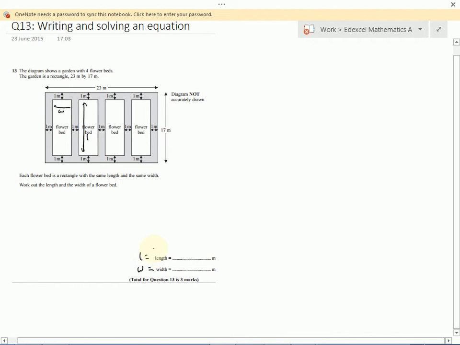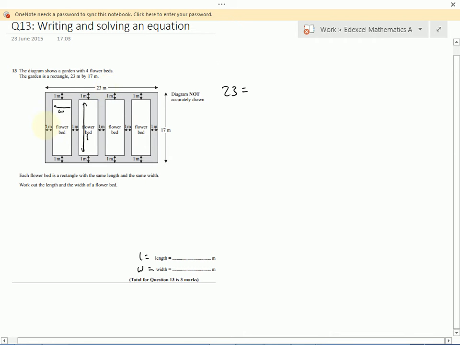So we've got some numbers and a diagram, and we're going to turn this into some equations and then solve them. We know the total garden is 23 metres wide, and if we add up all of these distances going across, that should equal the total width.